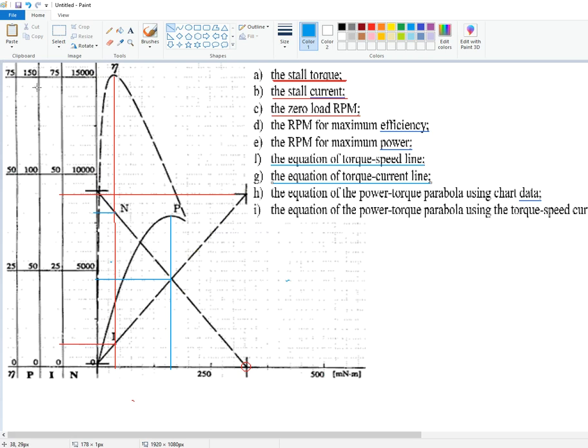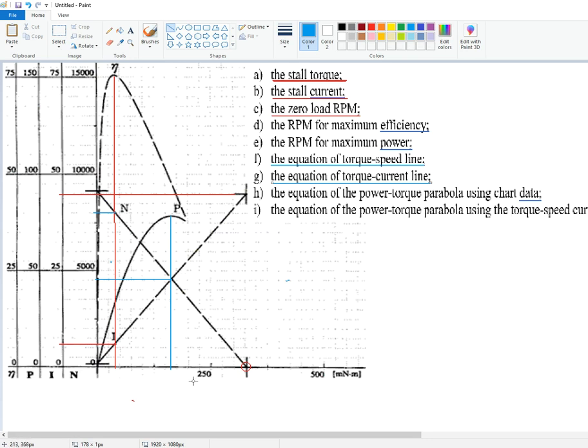Why is that? Because in Paint, Y is positive down, so the y-axis is reversed in Paint. I've done this also using AutoCAD. So yeah, that's one approach. You just extract points and use Excel, and you match a parabola through the points. The other one is to use the torque-speed curve.